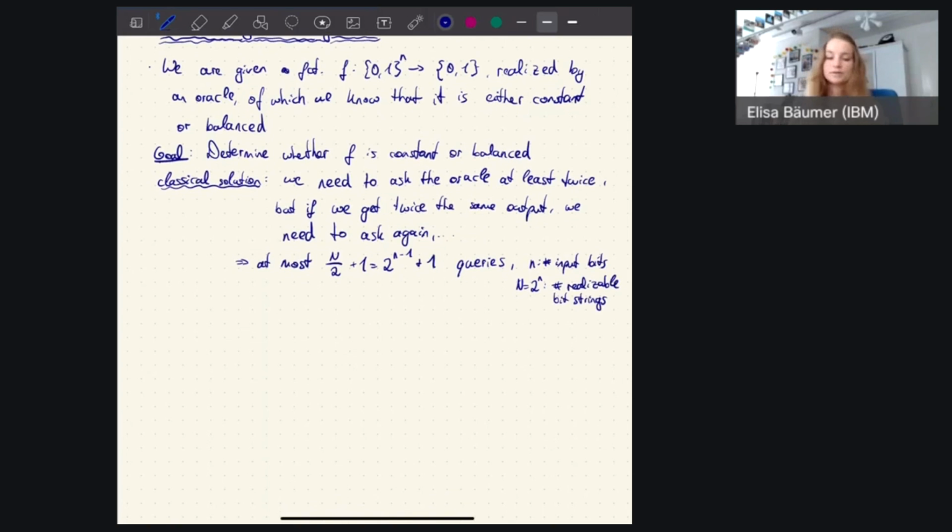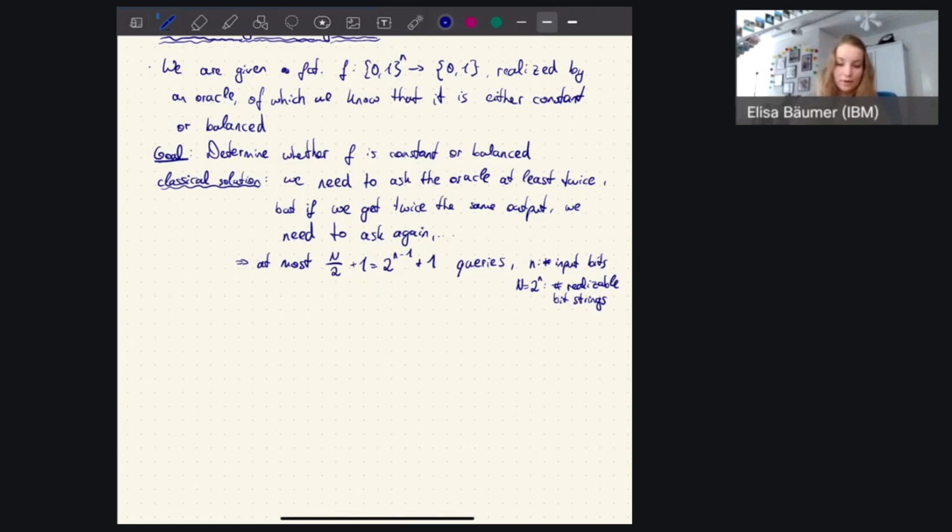Maybe a demonstrative example that you could think of is if I give you a coin, and let's assume you could somehow throw it and there would be 2 to the n different ways to throw it. And I'm asking you, is this coin fair? So either the coin would always land on the same side, or with half of the ways that you throw it, it would land on one side and the other half on the other side.